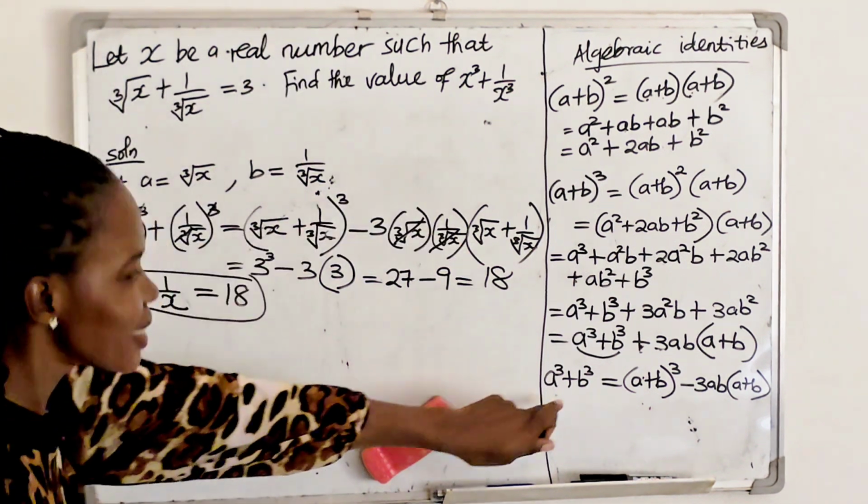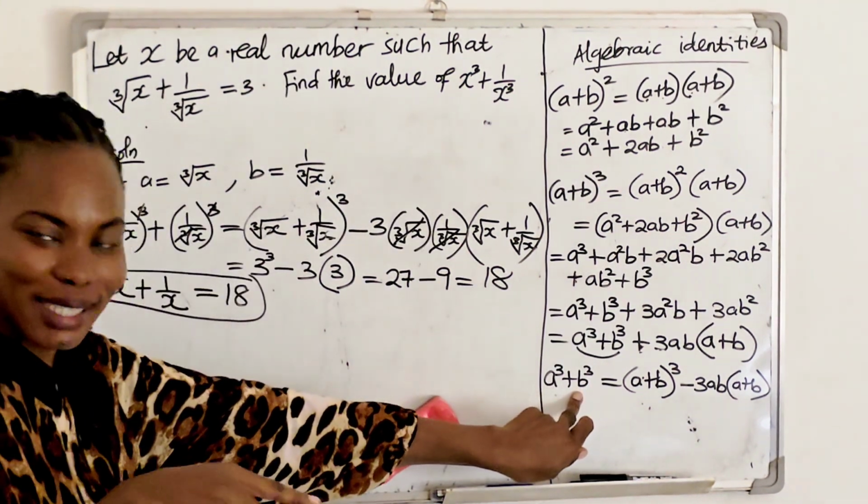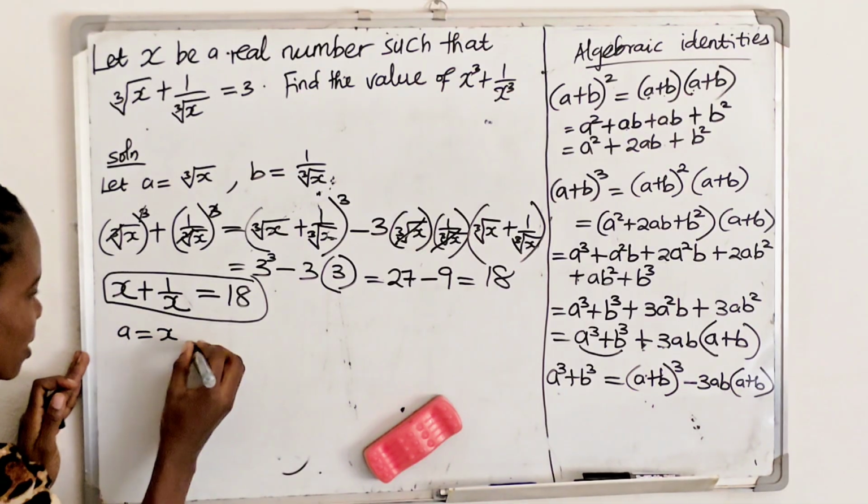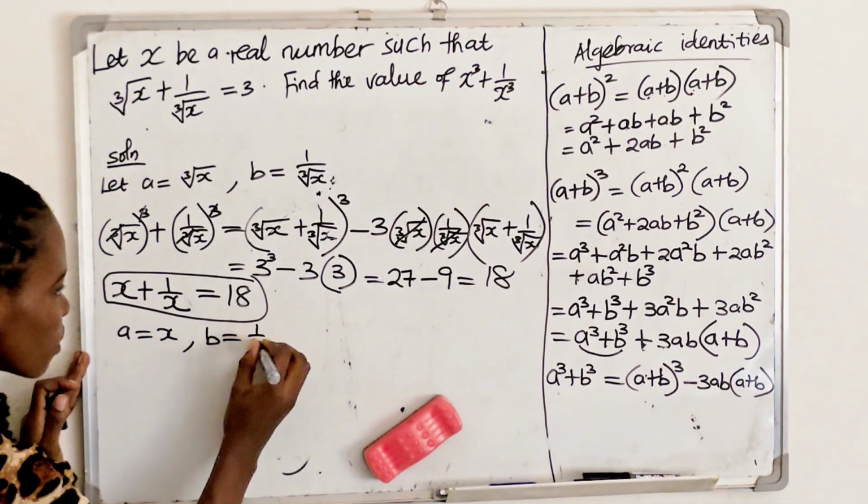Alright, so we have gotten x plus 1 over x to be 18. So we apply the same thing again. We apply the same identity. This time around, my A is equal to x and my B is equal to 1 over x.